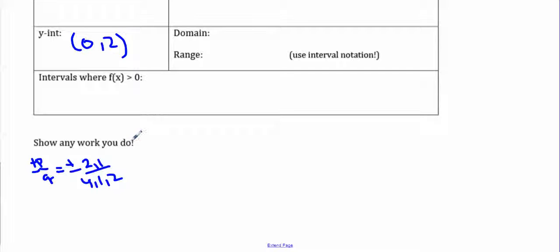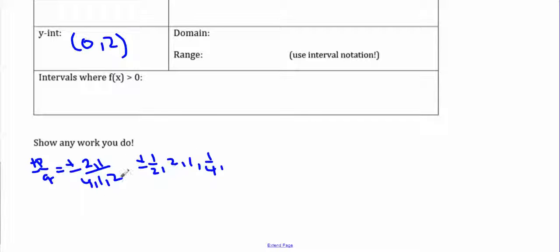So our possible zeros are 1/2, 2, 1, 1/4, 1, and 1/2. I don't need to repeat those. So those are my possible ones.